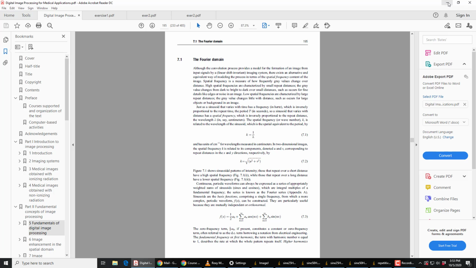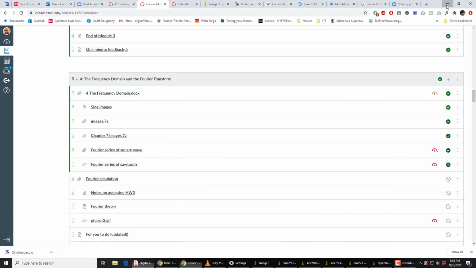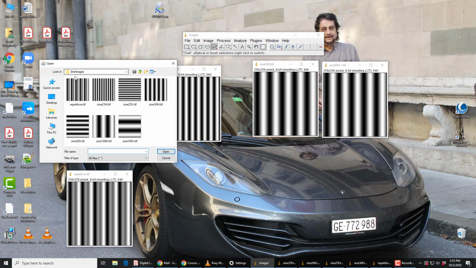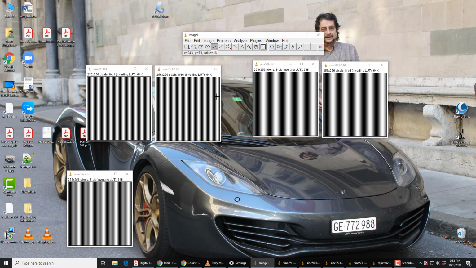If we look at ImageJ and open up these 2 images, which you'll find in sine images, open up sine 25H and sine 50H and make duplicates of them.